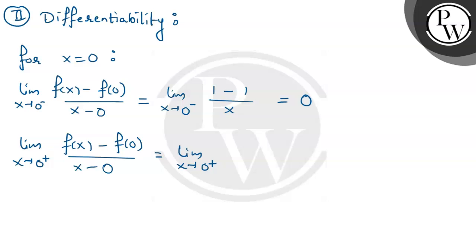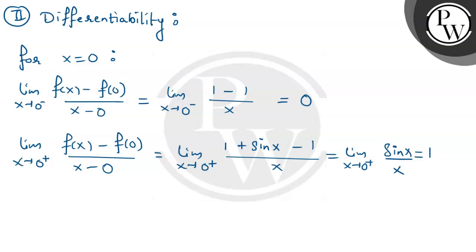So substitute कर लेंगे, आ जाएगा 1 plus sin x minus 1 divided by x, and this gives us limit as x goes to 0 plus of sin x by x, and इस लिमिट की वैल्यू आती है 1, and so therefore लिमिट्स अनइक्वल हैं.